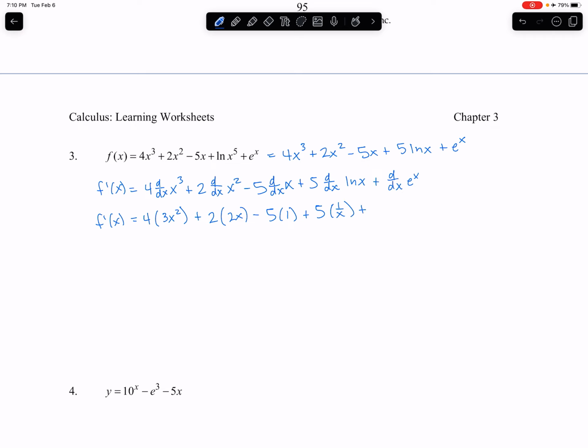The derivative of e to the x is itself, e to the x. Let's clean that up. 12x squared plus 4x minus 5 plus 5 over x plus e to the x.